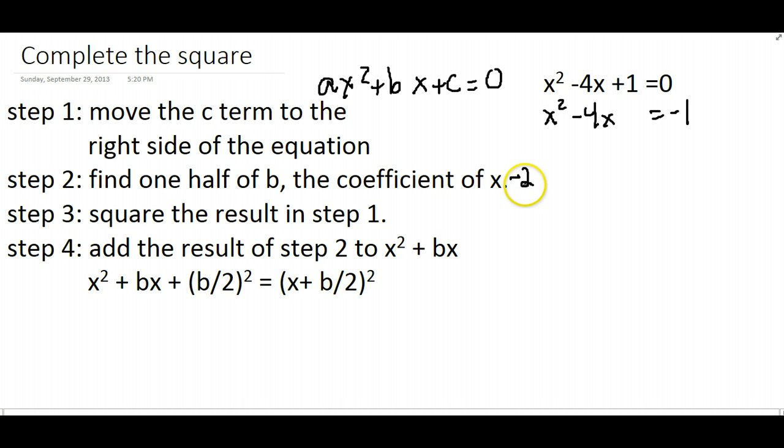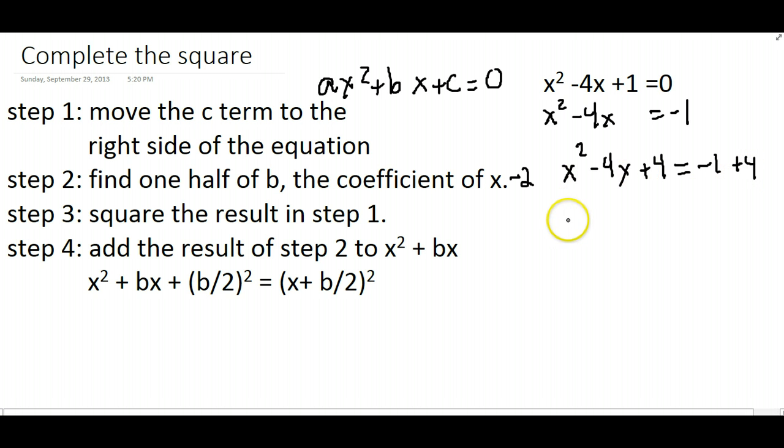That looks like x squared minus 4x, and we had negative 2. We square that and we get a plus 4, equals negative 1 plus 4. The reason we add 4 to each side is because what you do to one side, you have to do to the other.